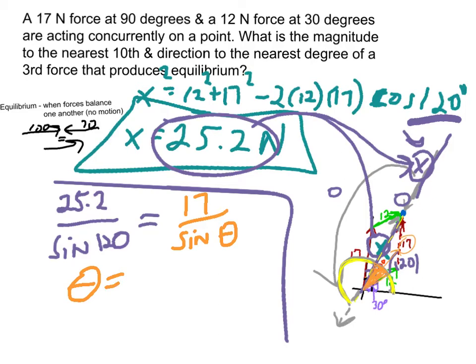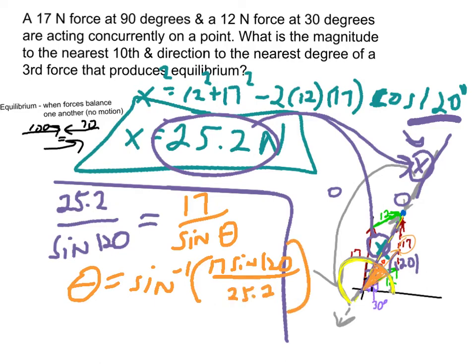If you do it properly, you're going to get theta equals arc sine of 17 times the sine of 120, divided by 25.2, once you divide both sides by 25.2. And you're in degrees, right? So that's going to give you a value of approximately 25.2. It tells us to round to the nearest tenth up there, so 25.2 newtons.